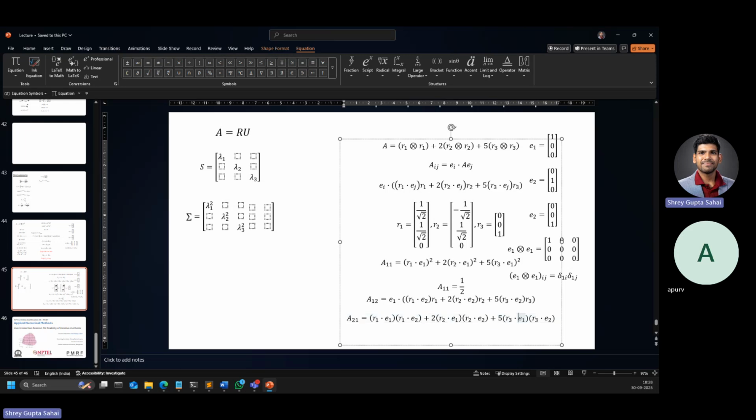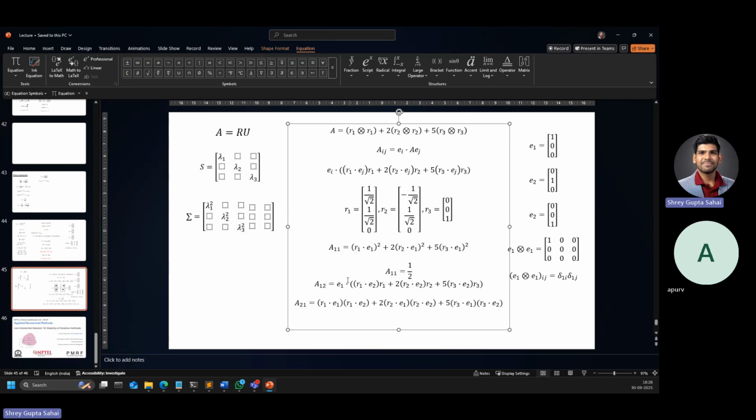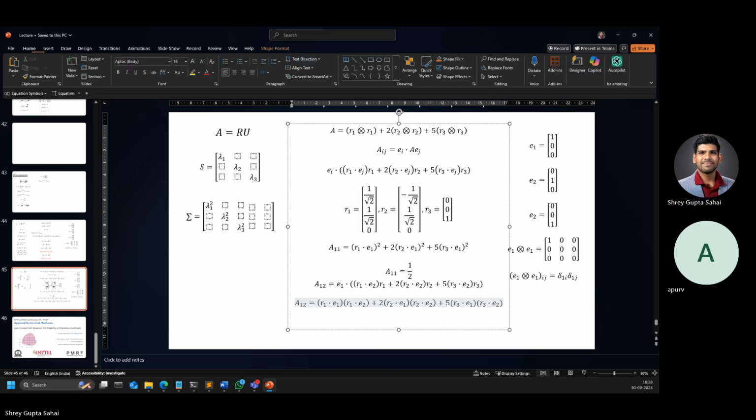Before we start calculating every term, let's just also calculate A21, and we'll see that A21 will be equal to A12. This is A12. Let's calculate A21 also. So A21 will be, this will be 2, this will be 1.